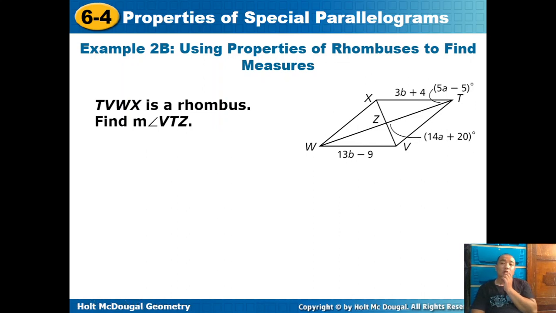So 70 divided by 14, a is 5. So that is the measure of angle VTZ. So 90. What's the measure of a? It is 20 here, 20 also here, and 70 here. So even without solving it, you can already tell.